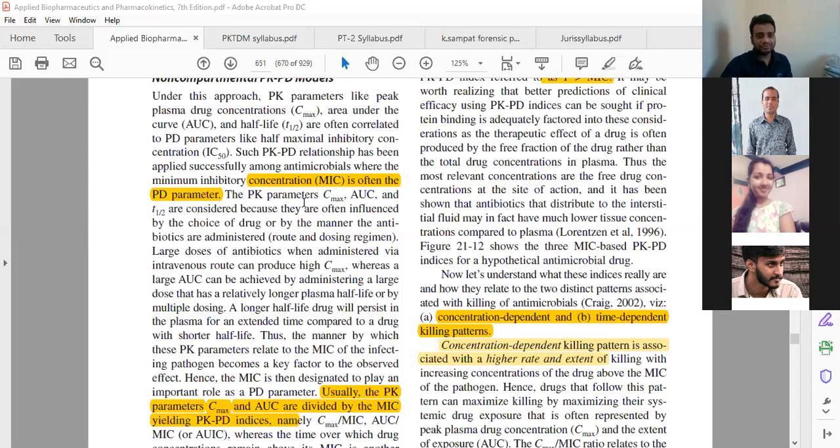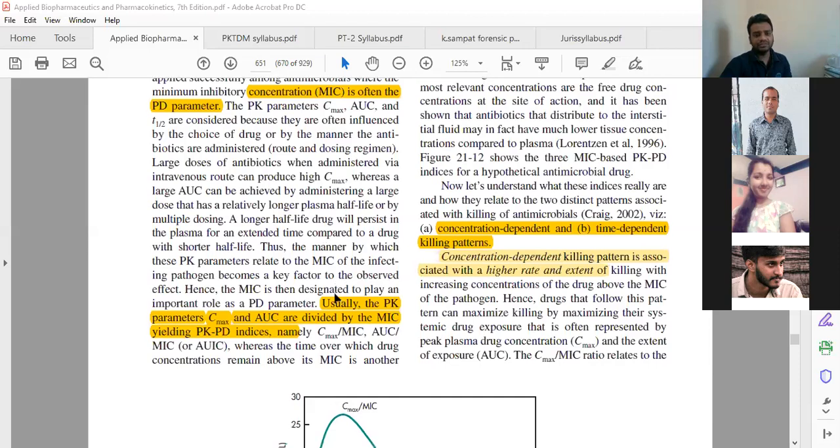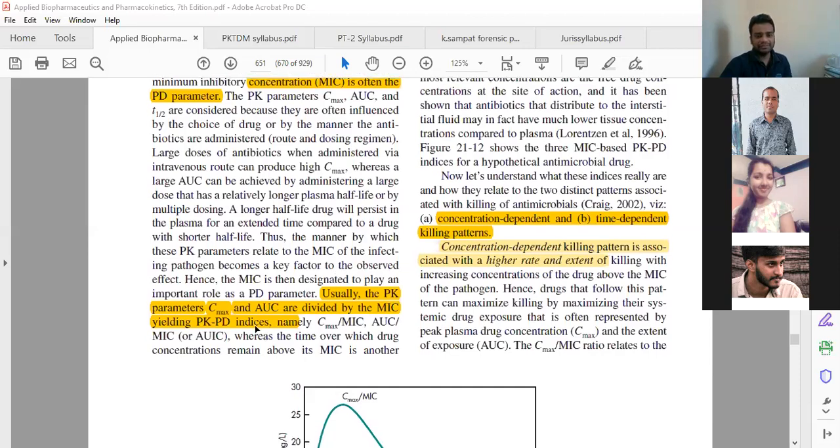Here let's say the kinetic parameters like Cmax and AUC. What is Cmax? I hope everybody knows. Cmax is the peak, maximum concentration of the drug, and AUC is the overall area, the overall coverage, how much concentration throughout the time period.